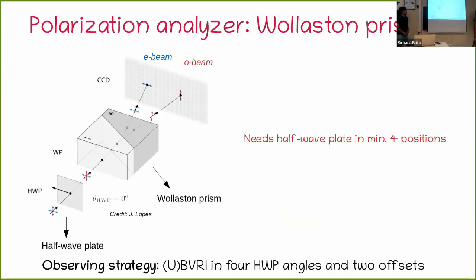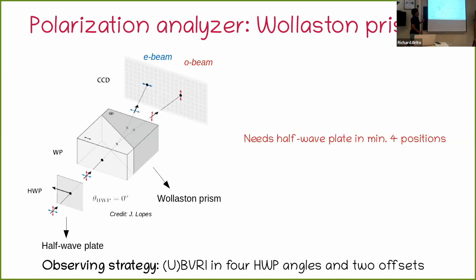So the key element for such an instrument is the Wollaston prism. Why? Because it's going to refract the 2 polarization states of light in a different way. So they have a different refractive index for different polarization states. So that when your light comes in, one polarization state is going to land in one part of the CCD, the other polarization state is going to land in another part of the CCD, and that's quite convenient to measure polarization.